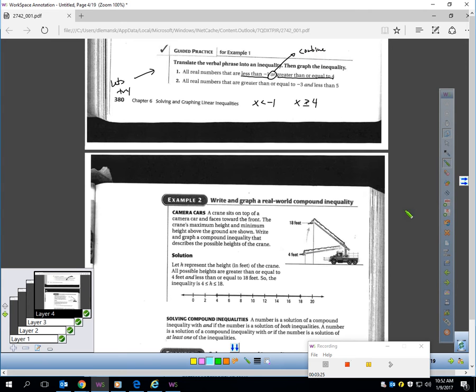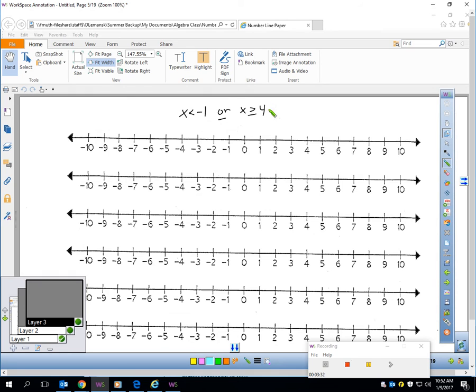Well, let's graph that. x less than negative 1 would be this. x greater than or equal to 4 would be that. There would be the picture of that. Okay? x less than negative 1 or x greater than or equal to 4 would be this graph picture. I'm combining the two graphs together.